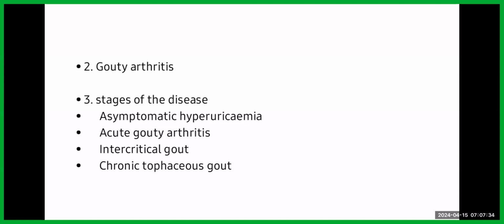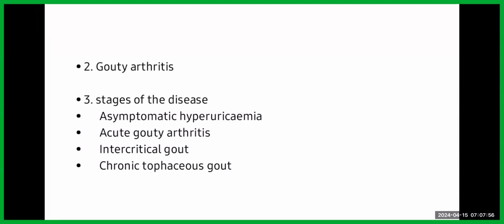So what are the 3 stages of the disease? In some of the literature I consulted, many have their own 3 or 4 stages. But I agree with asymptomatic hyperuricemia, which is usually the initial stage. Then sometimes they can have acute gouty arthritis, a flare of the disease.